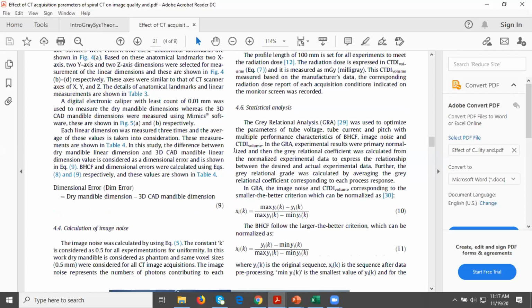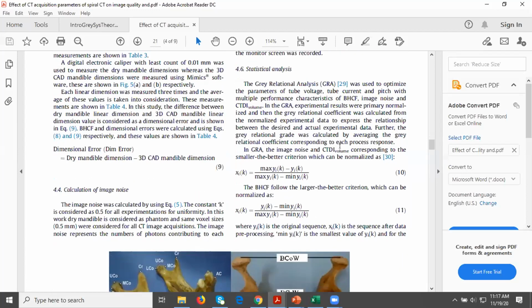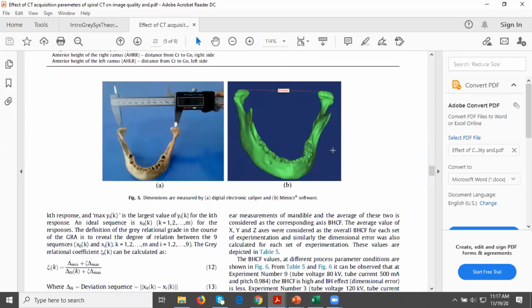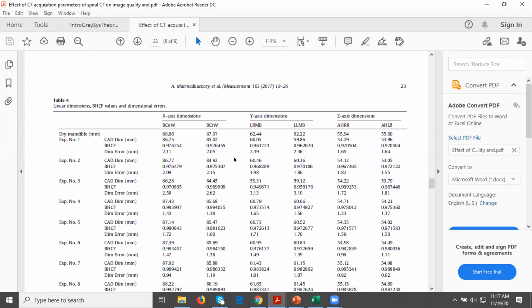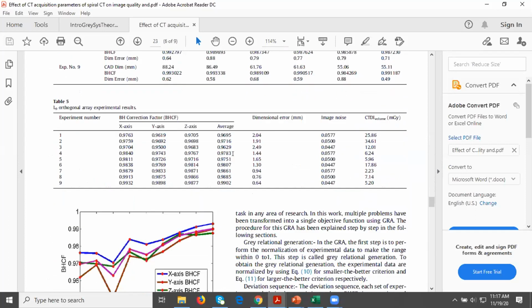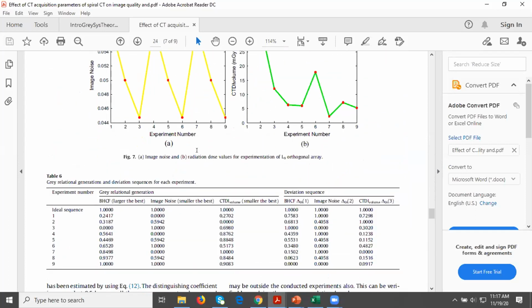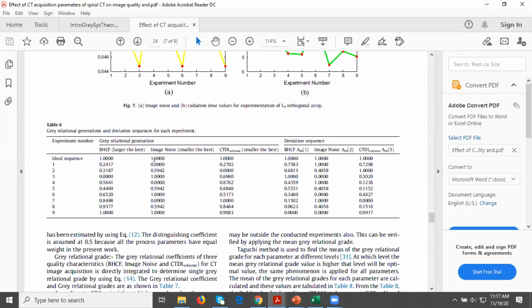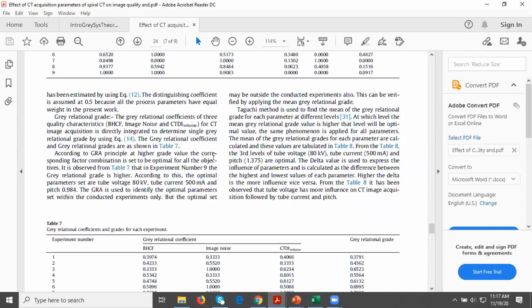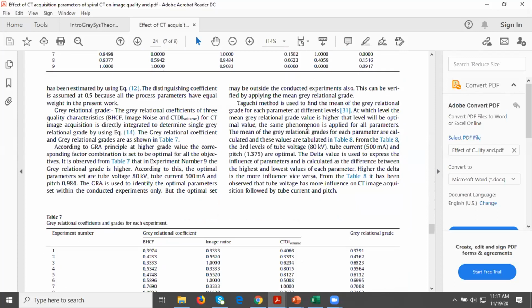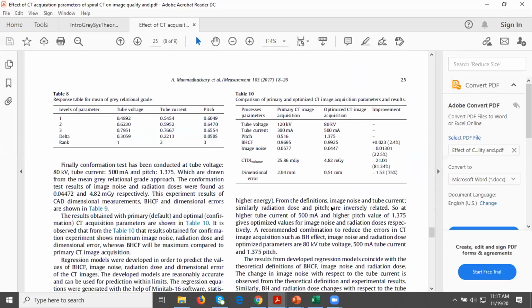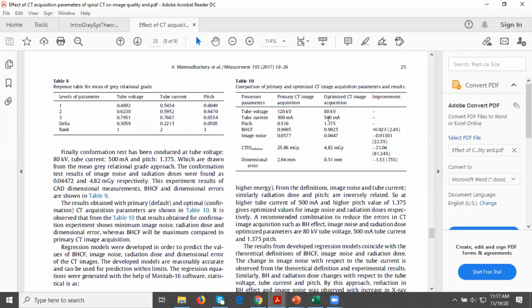Then we applied this gradation analysis, the deviation sequence and gradation generation. Lastly, you get the optimal values and gradation grade. This is a good result.